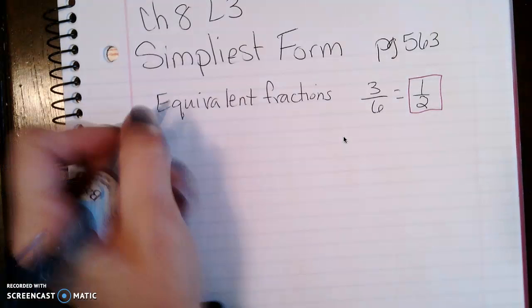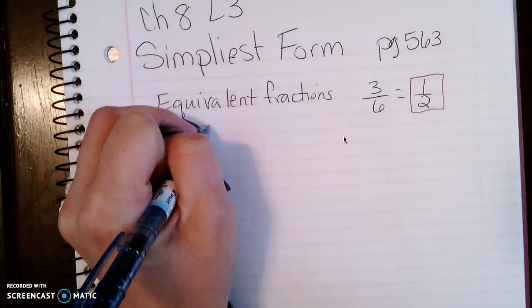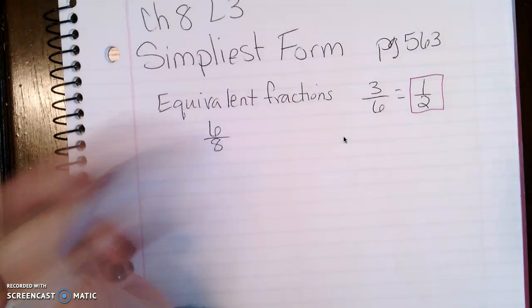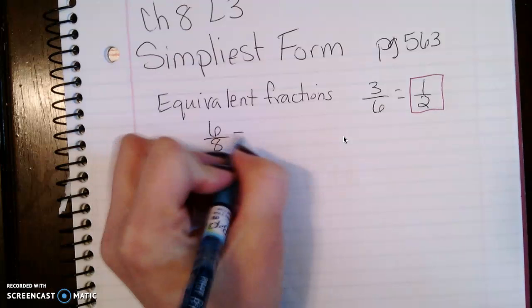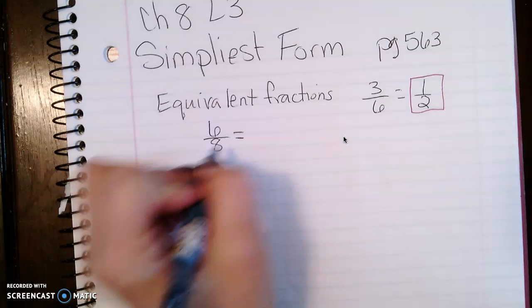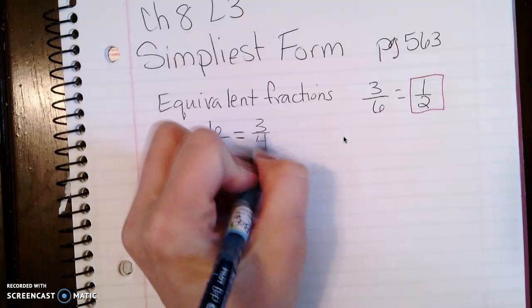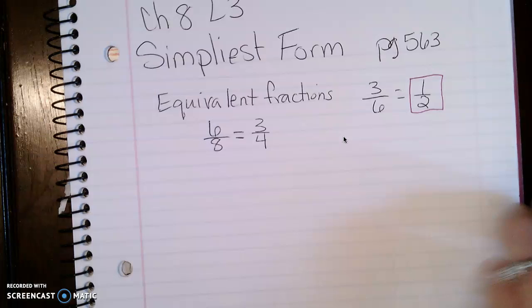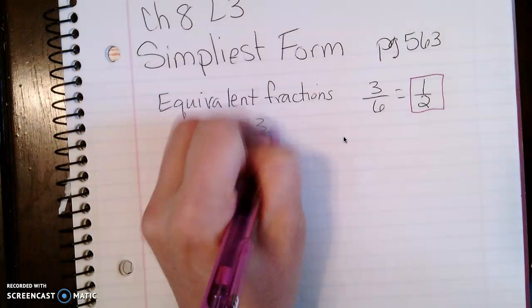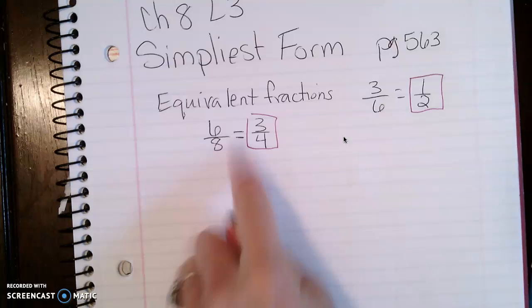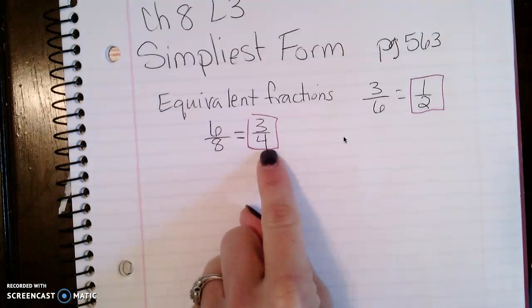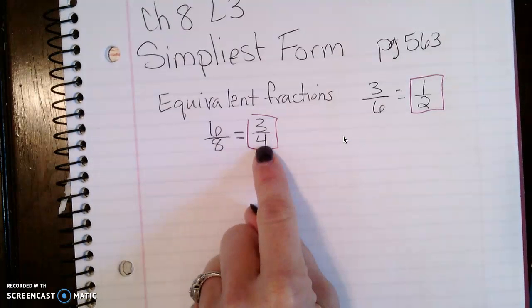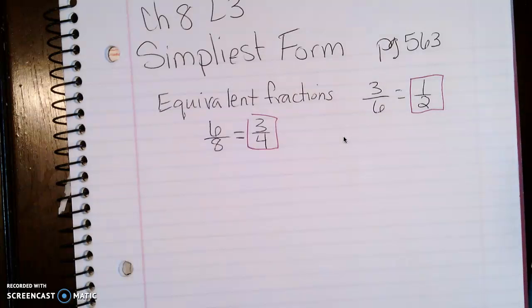If we had 6/8, right? An equivalent fraction to 6/8 is 3/4, and 3/4 being the simplified fraction. That is the simplest that we can make this fraction with a 3 and a 4. So that is what we're going to be doing today.